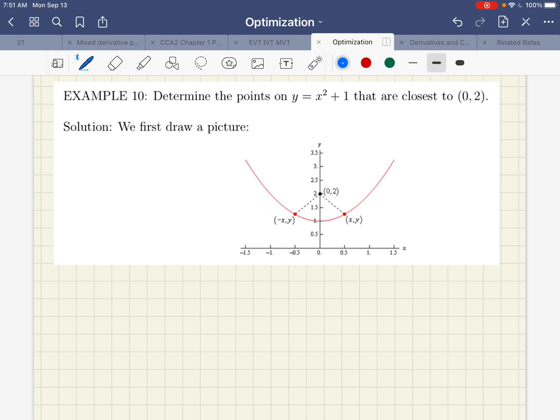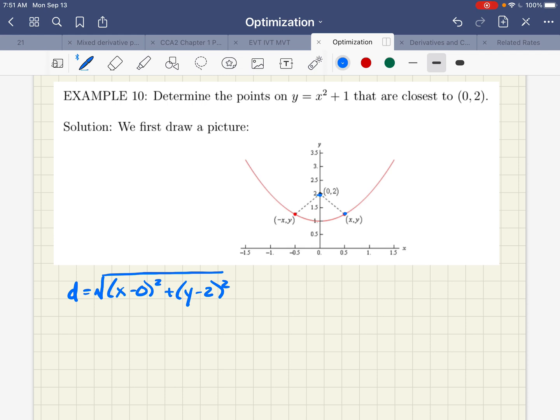All right, so if we want to find a distance, the distance is, using the distance formula, x minus 0 squared, y minus 2 squared, because we're finding the point from 0, 2 to the point xy. And if we find the point xy in the first quadrant, we can just reflect it, and we have negative xy in the second quadrant.